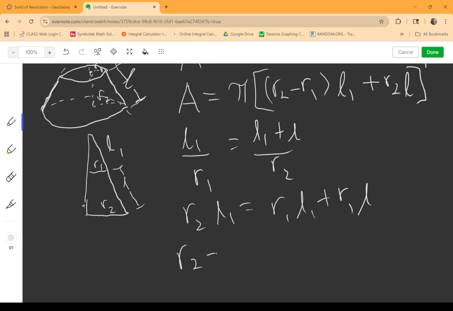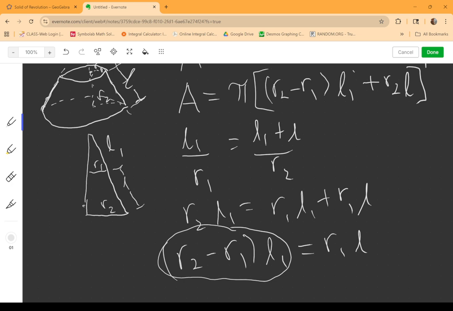We get R2 minus R1 times L1 is equal to R1 L. And now notice that this quantity shows up here. What that allows me to do is eliminate that L1, because that's not a part of the surface area that we're looking for. I want it in terms of L. So now let's do that substitution.